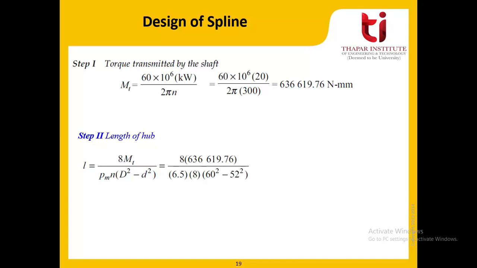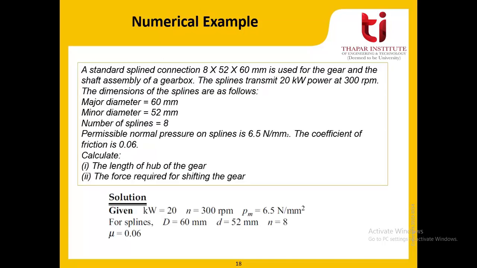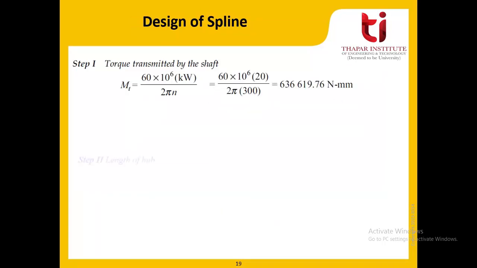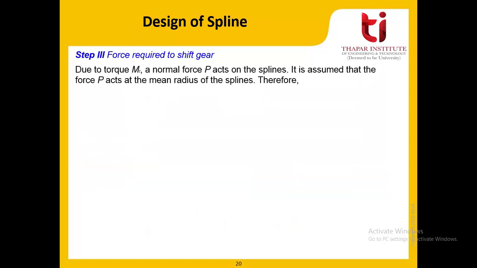The next part was the force required for shifting the gear, right? In order to evaluate the force transmitted, we must evaluate what is the P which is acting on the spline. It is again a reasonable assumption, like what we have done in the key, a relationship between the force applied onto the key and the torsional moment or torque of the shaft.